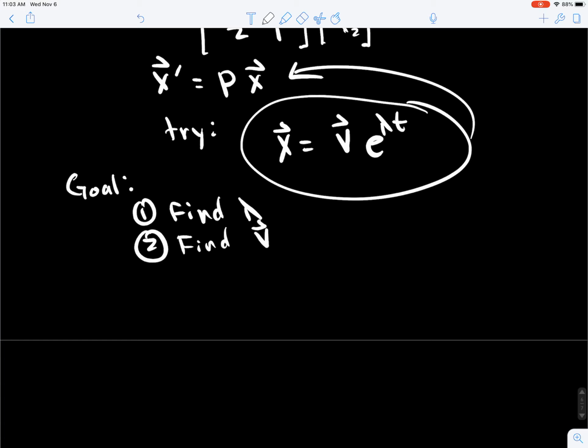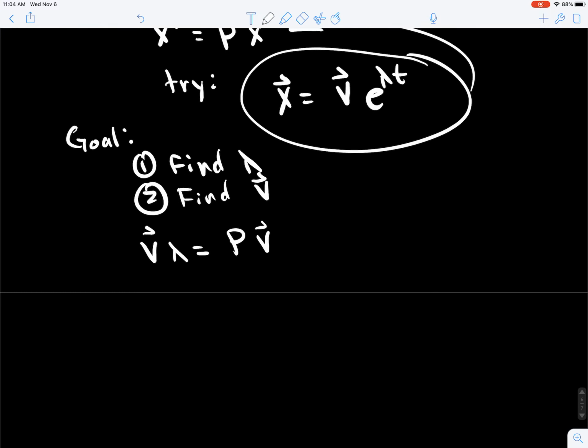What is the derivative of x? It's v times lambda e to the lambda t. And on the right, we have P times v e to the lambda t. The next step is to divide out by these quantities. And if you do that, you're going to get this equality.